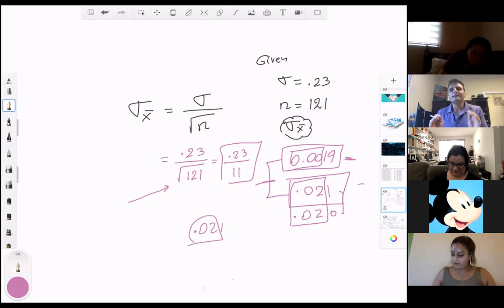So the point is, I don't want you guys to freak out if you see a formula like this.